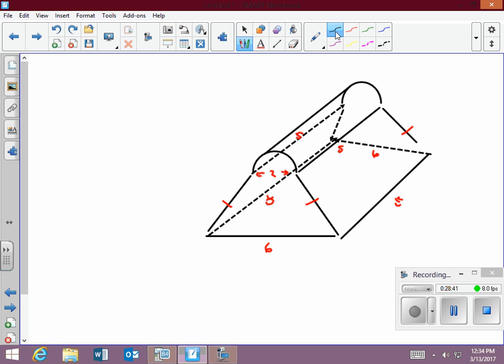So the total surface area, by the way, this is 28, is going to be the surface area of that half a cylinder, right? 1/2 cylinder plus surface area of a trapezoidal prism modified, because we're not going to have that top prism.